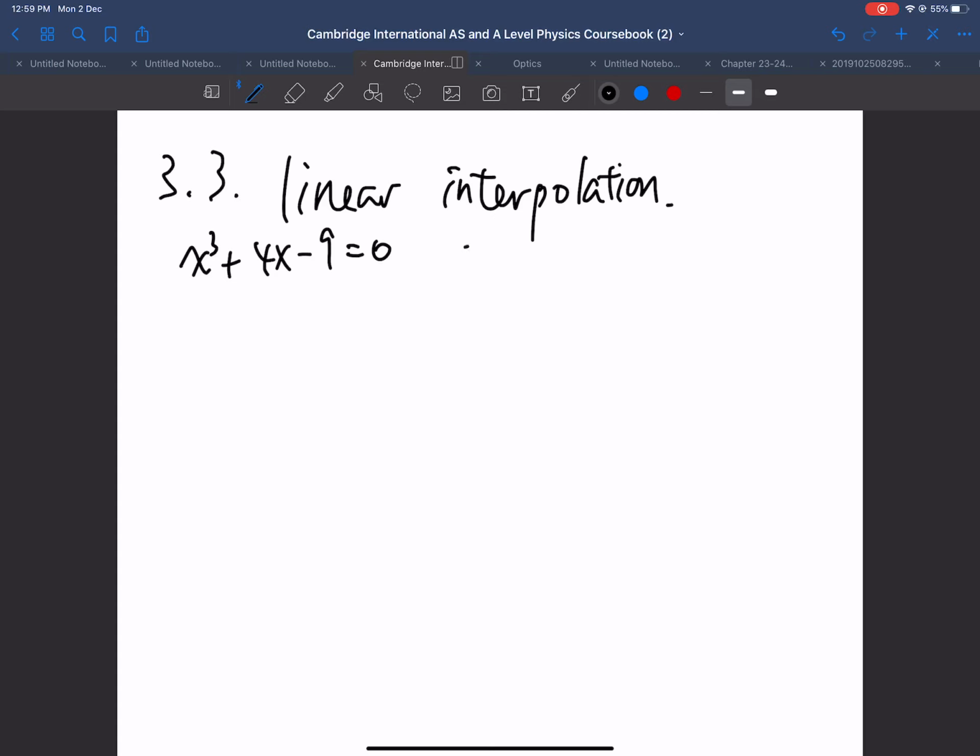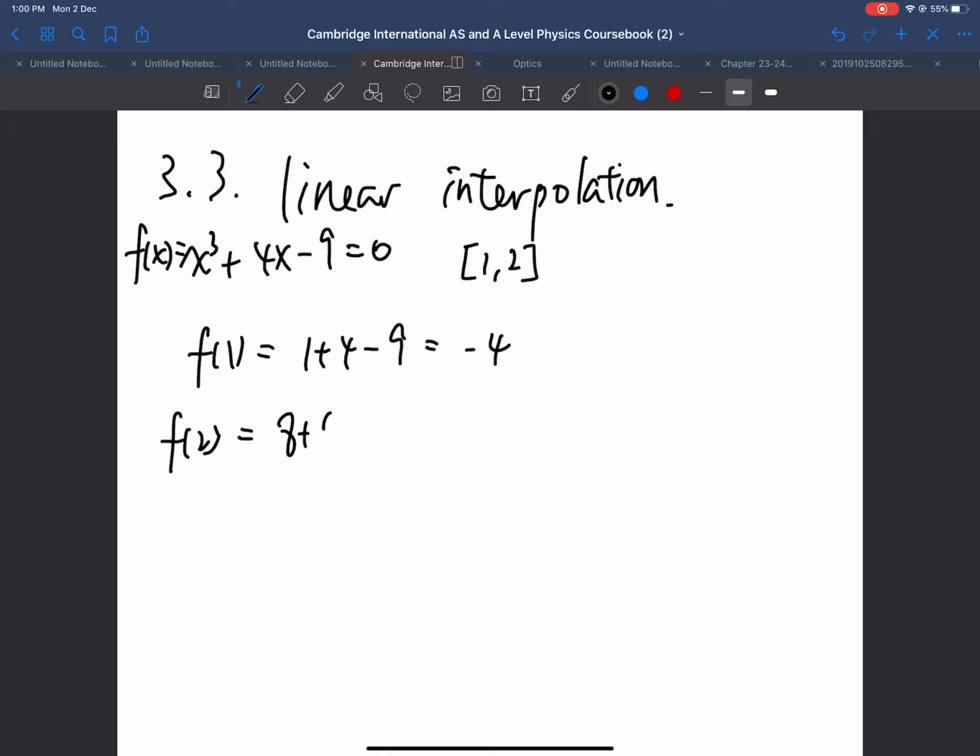Now, given that there's a root in between 1 and 2, you first find F1. F1, you get how much? 1 plus 4 minus 9, that's negative 4, okay? Then F2 is 7. So that means there are 2 points on the graph: (1, -4) and another point (2, 7).